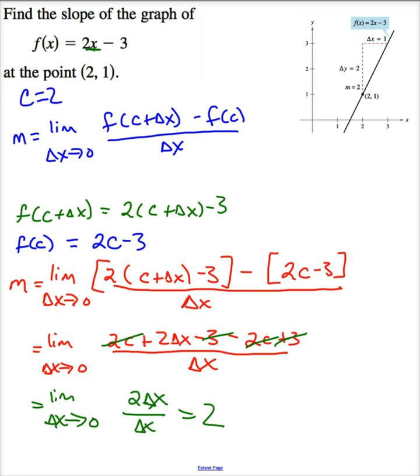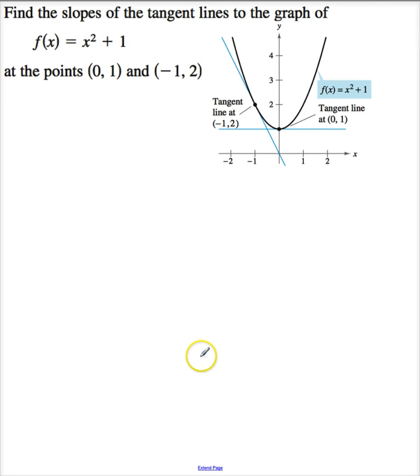But now, what if we want to find the slope of the line tangent to the graph f of x is x squared plus 1 at any point? So let's start by, we're going to do any point. So I'm not going to be as detailed on this one.